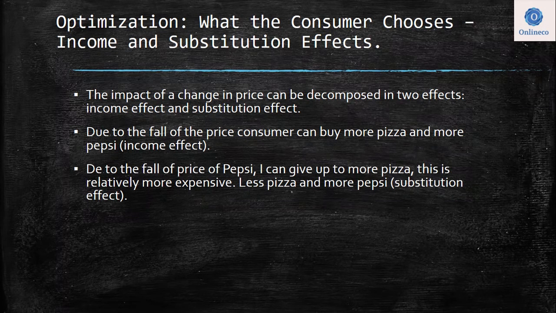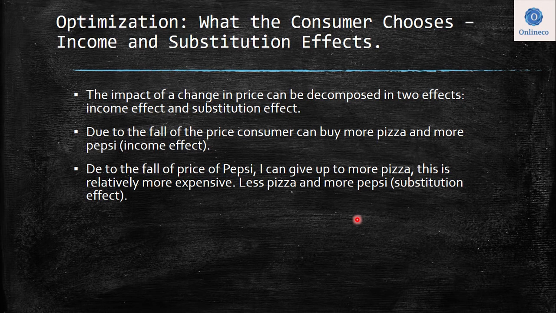But also, due to the fall of the price of Pepsi, I can give up more pizza, which is relatively more expensive. Why? Because Pepsi is cheaper. So before the relation was like 5, right? 5 times 2, 10.